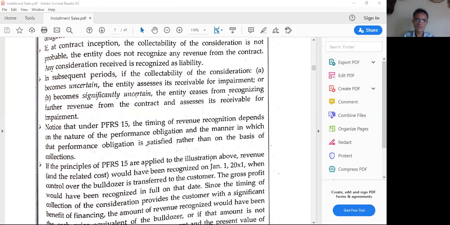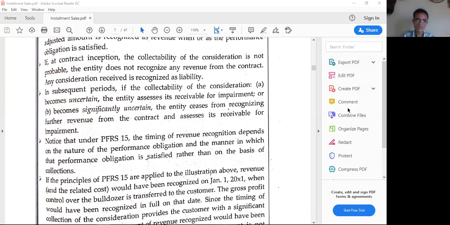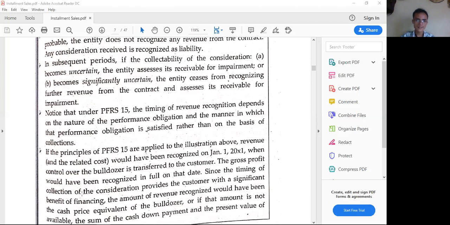And if it becomes significantly uncertain, that's where we cease recognizing revenue and assess for impairment. All right. If it becomes uncertain, just assess for impairment. But if it is significantly uncertain, stop revenue recognition and assess for impairment.